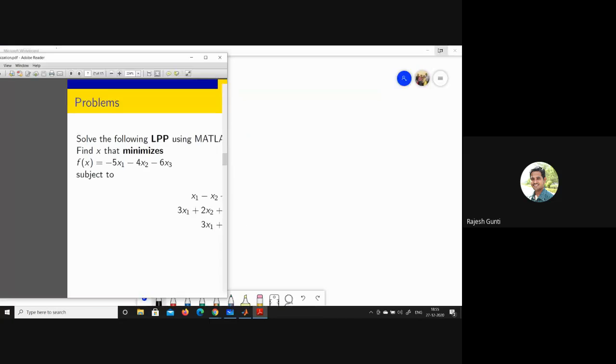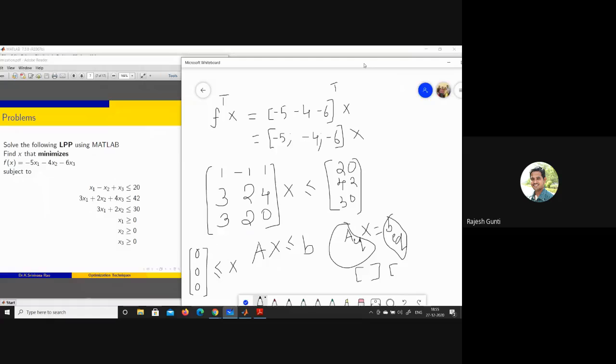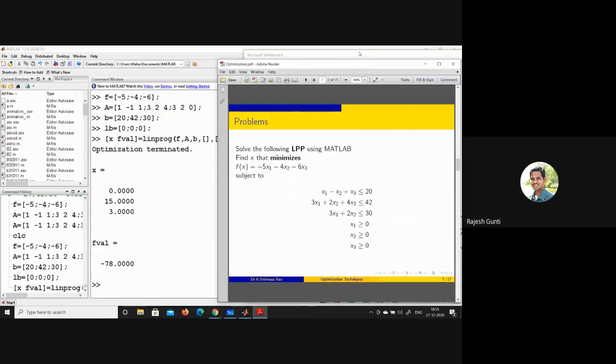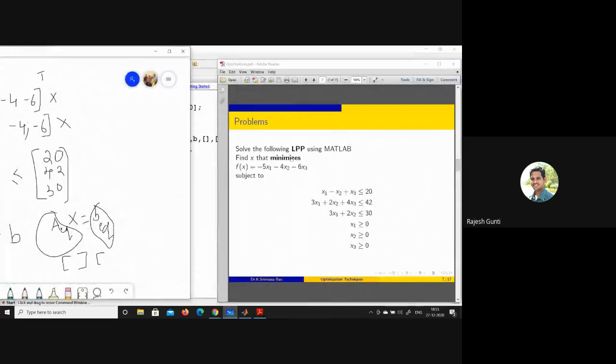So in that case, the A will become like this. F is same. This A value I am writing like this: minus x1 less than or equal to 0, minus x2 less than or equal to 0, minus x3 less than or equal to 0.